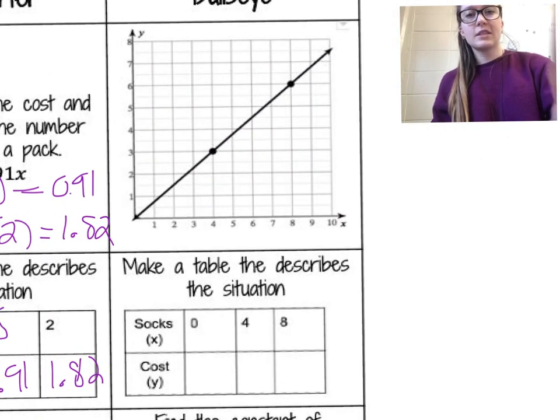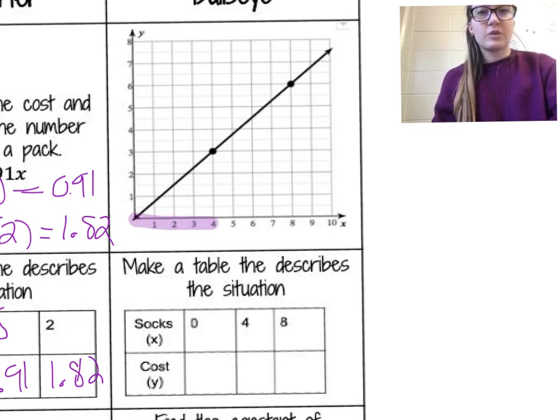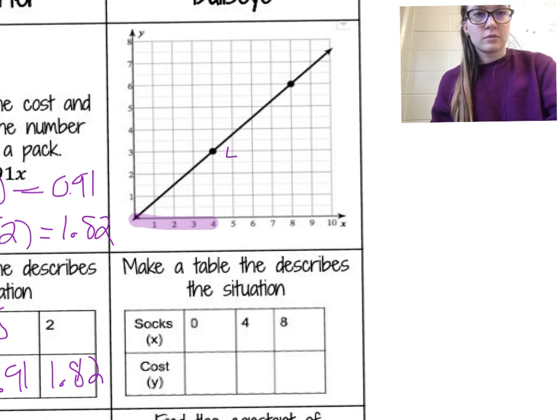Okay, and then for this one, I know it's kind of hard to see, they probably didn't print well either. So I'm going to label the points. So from here, I go, my x value is 4. And then I go up my y value, which is at 3. So that's that coordinate.